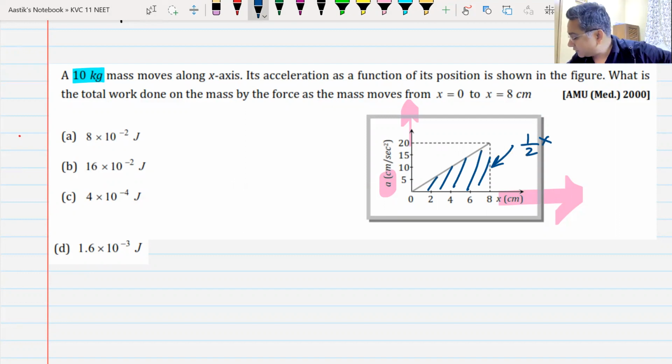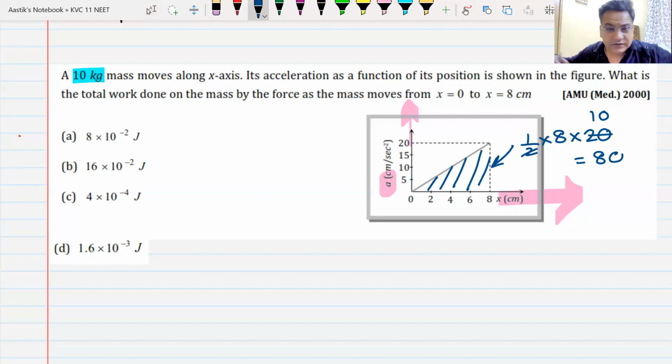Base is 8 into height. Height is 20. So you can get the answer as 80. I'm not looking at the units because all the options which are given are in the same unit, so I don't have to worry about the unit. So I'm getting 80. This is the area under this graph, but this is not force. This is acceleration. So what do I do? I now multiply this by the mass.